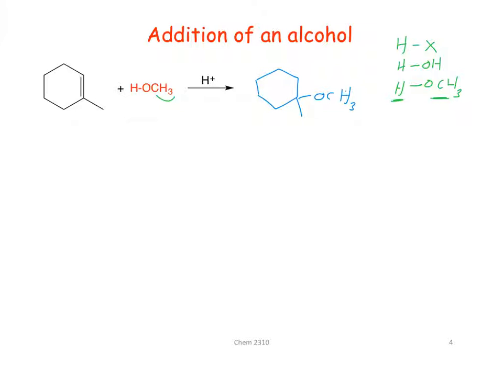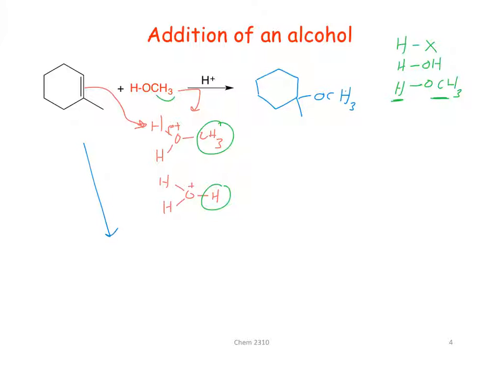All right, so let's just draw this out. So remember, first, these two would react together, and we'd protonate that alcohol like this. Okay, notice that that looks very similar to hydronium ion, right? The only difference is we've got a methyl group here versus an H. Okay, so the first step then is going to be to protonate that alkene, just like we did before, to give us a tertiary carbocation. Right?